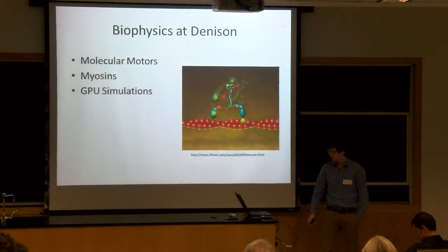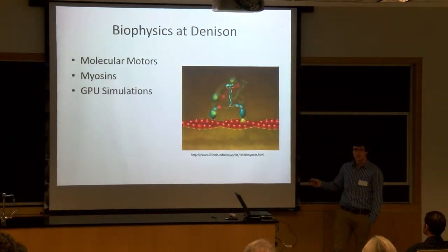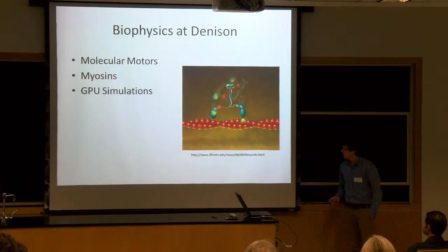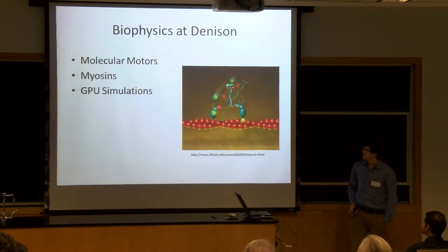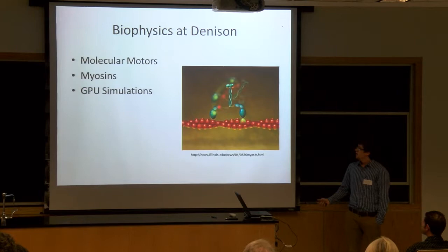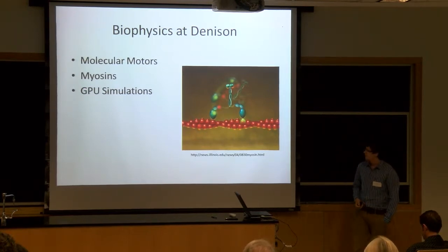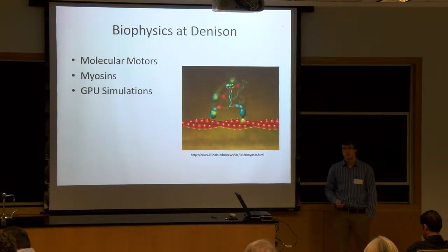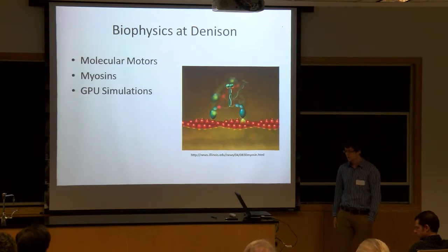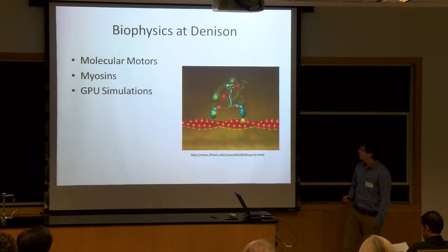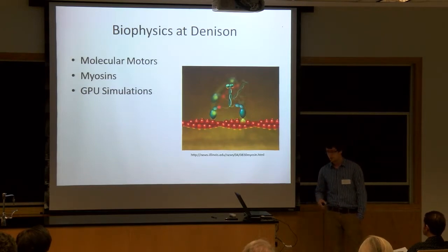So at Denison we study molecular motors. Here's the same cartoon you've seen. That's myosin 6. Amanda just talked about normal mode analysis, which is a pretty quick way of doing computational analysis, but most of what we do that's computationally intensive is molecular dynamics. Huge simulations that take hours and hours to run.